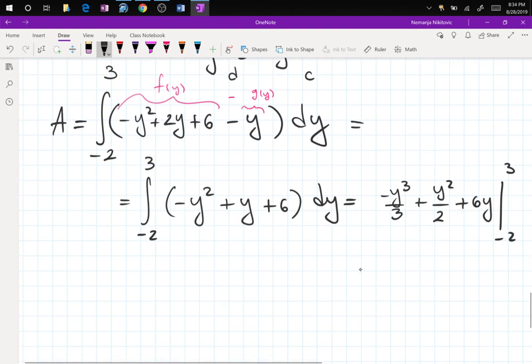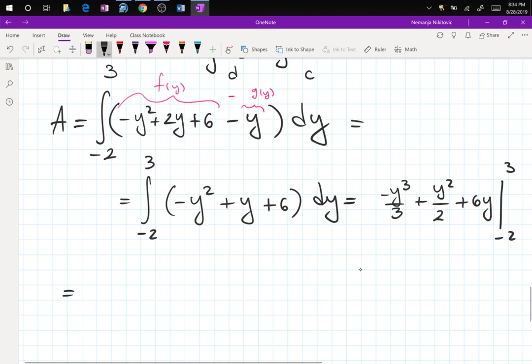All right. So plug in 3, we get negative 27 over 3 plus 9 over 2 plus 18. So that's when I plug in 3 in each of the y's. And then we have minus, and now I'm supposed to plug in negative 2 in each one of these.